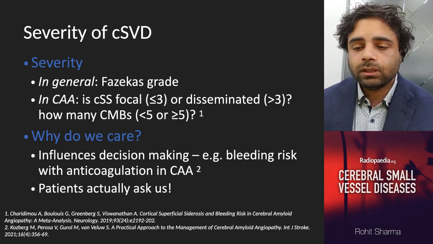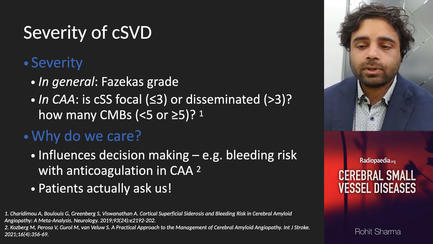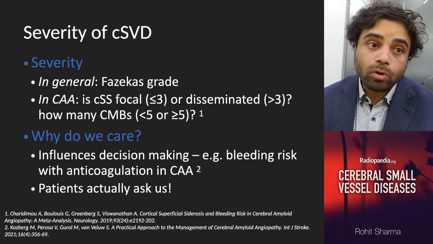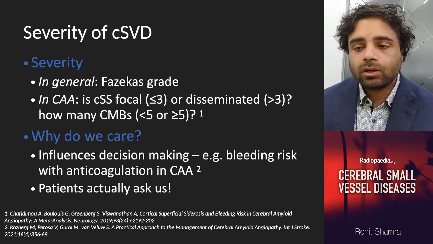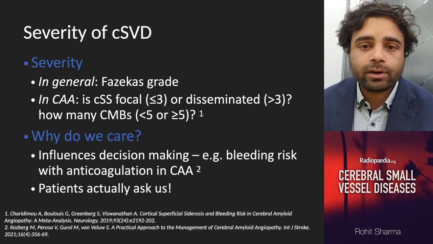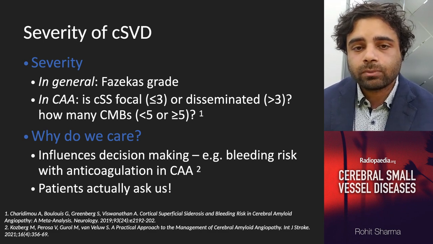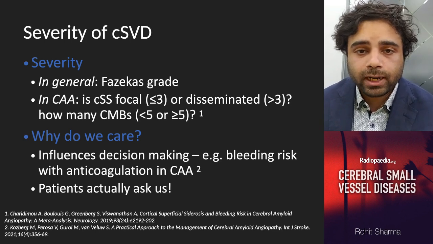So, for example, we know that cortical superficial siderosis, when presenting in a disseminated fashion, carries almost the same risk of intracranial hemorrhage as a patient who's actually had an intracranial hemorrhage previously, which is quite an enormous risk, whilst cerebral microbleeds carry a much lower risk. And so knowing the severity of the cerebrovascular disease can really help us risk stratify and actually does change what we do in clinical practice.